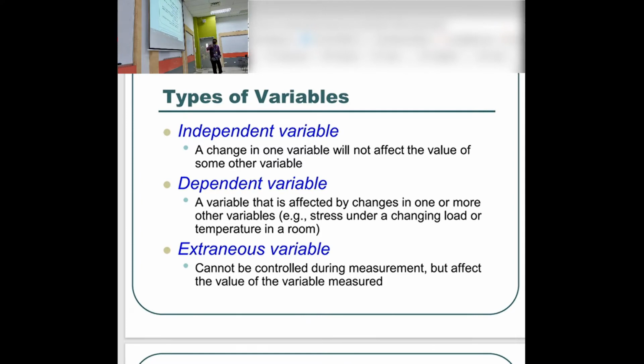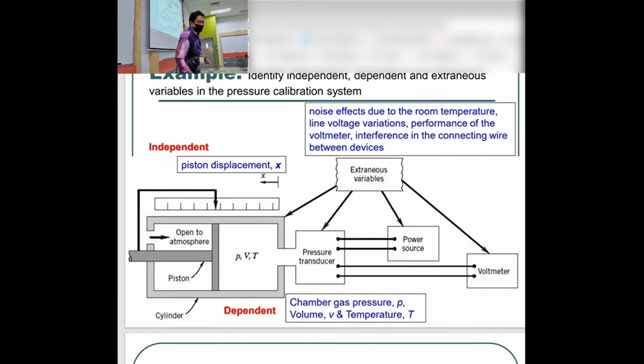And what is extraneous variables? It is the other variables around the system. It might change, it might not. Let me show you this in the figure. If we have a closed system like this, the independent is the displacement. It's independent of anything. We only give the input through the displacement.